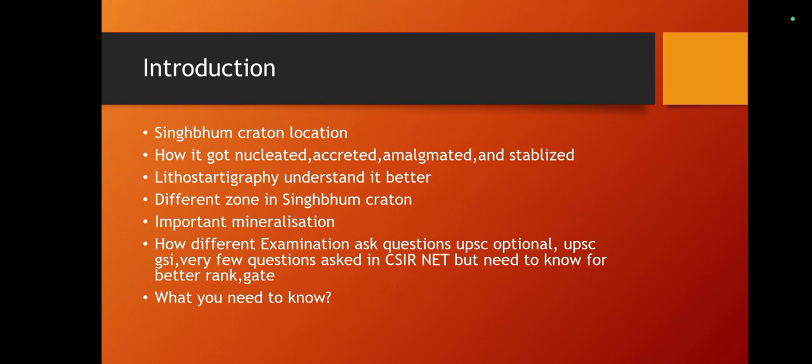In my previous initial video of my stratigraphy, you can study how a craton is actually formed. That is, it got first nucleated, and then accreted, and then amalgamated, and then finally it got stabilized. It is true for every craton you are going to study in the Indian subcontinent.